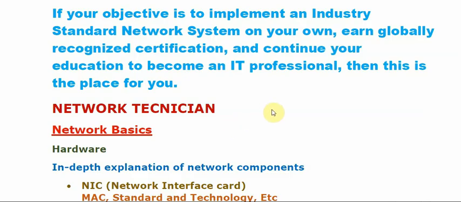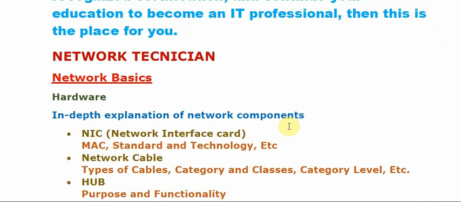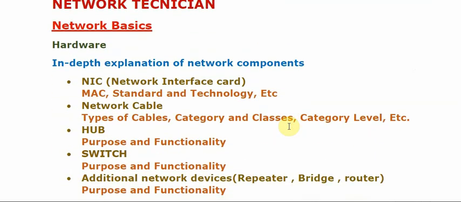Under network technician: network basics, hardware and software. Under hardware, we'll be learning all necessary hardware devices in depth: network type, bandwidth, standard, cable type, function of hub and switch, the purpose of these devices, and the difference between these devices.